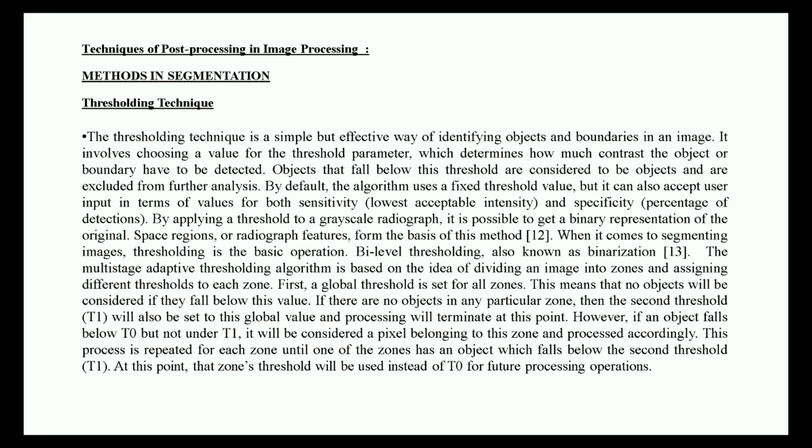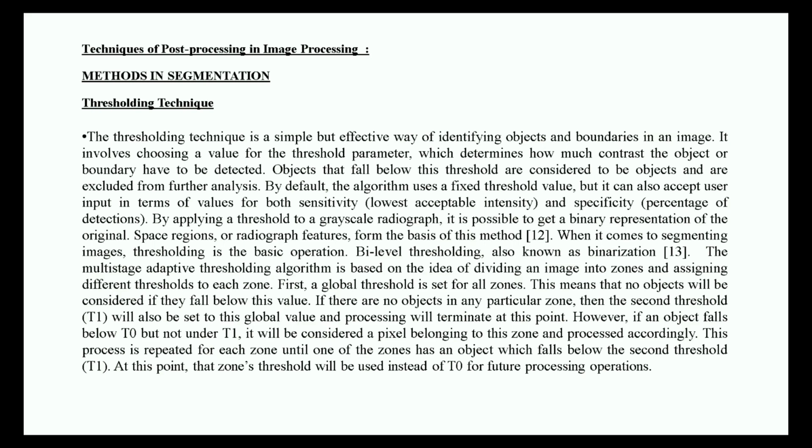By applying a threshold to a grayscale image or an X-ray, it is possible to get a binary representation of the original. Thresholding is a basic operation in segmenting images, because after this, doctors can come to a conclusion about what the patient is going through and how the treatment can be taken forward.